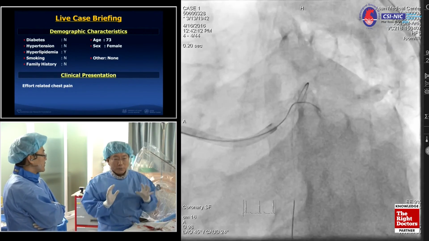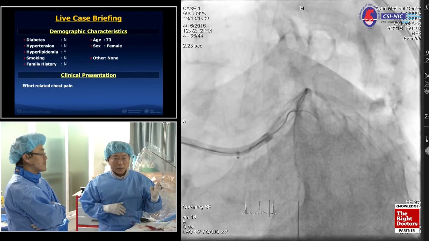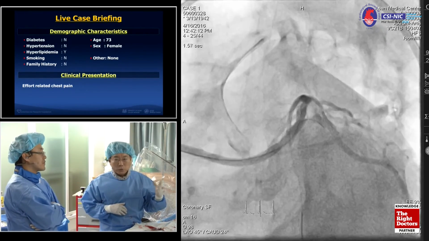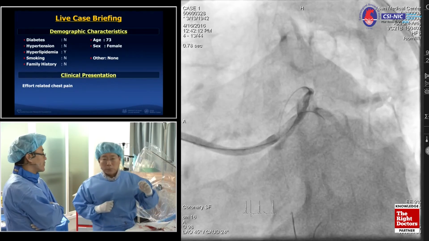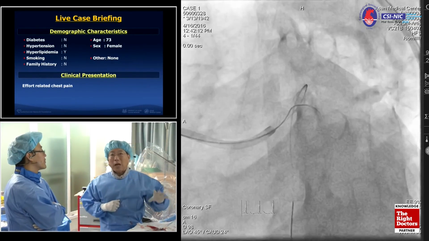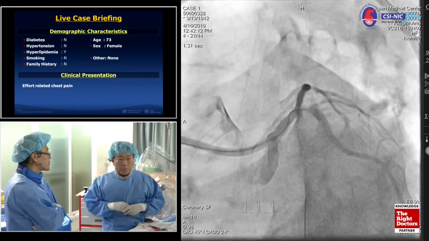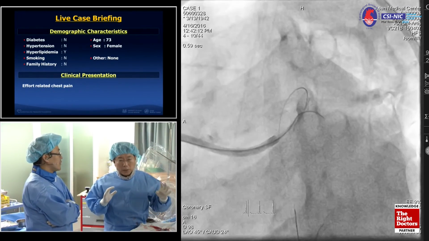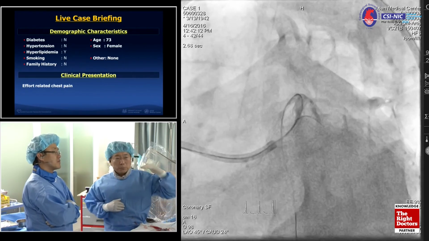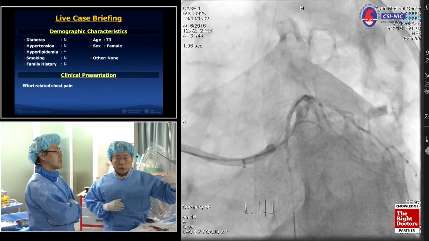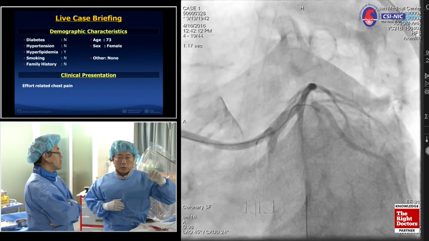You may know that in the last two years there have been lots of changes in the ESC guideline and even in the AHA guideline for the main disease. Personally, I still don't believe too much in morphologic stratification such as the SYNTAX score itself.